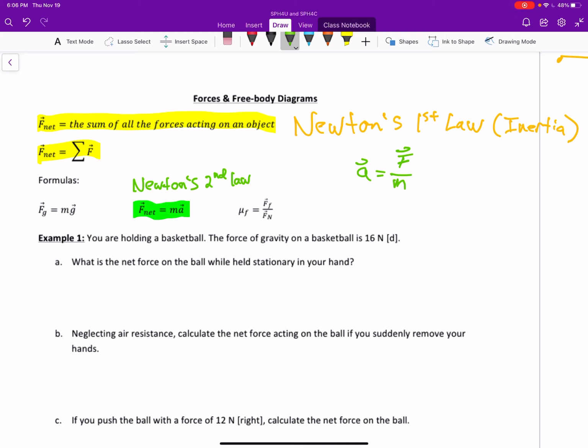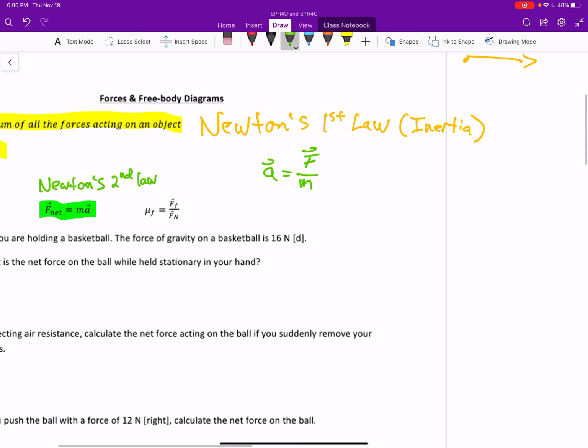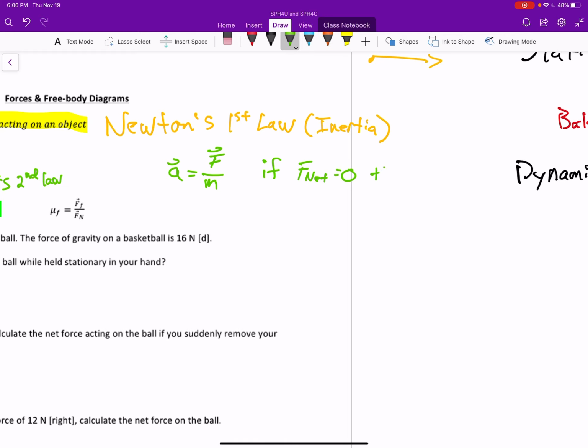So in order for something to accelerate, it needs to have a force acting on it, right? So if F net equals 0, then the acceleration is also 0. That's key. If there's no forces acting on a thing, then it can't be accelerating.